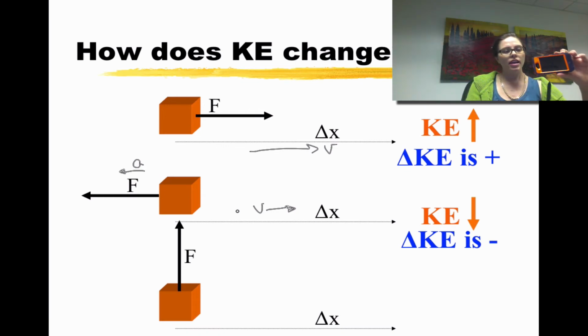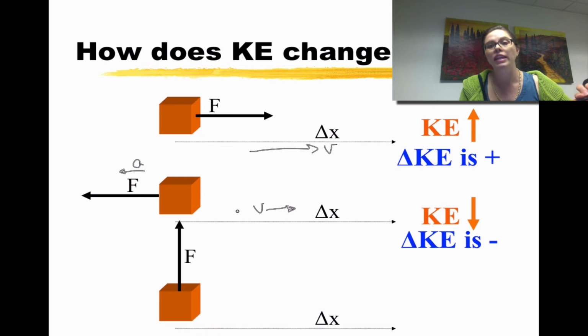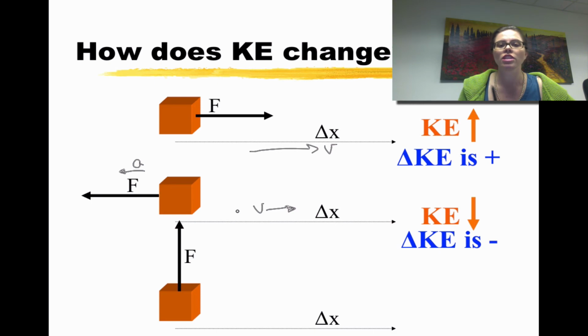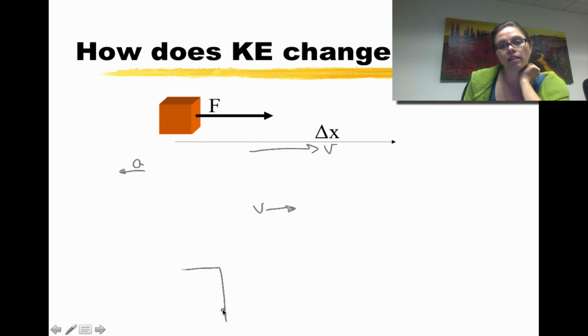And if you notice, and we will talk about circular motion in a later unit, so this is getting a little bit ahead of ourselves, but we need to know this for work. So as we go, the force doesn't change the speed, it just changes the direction. There's no part of this force that's going to speed up the box or slow down the box. It's all perpendicular to the box.